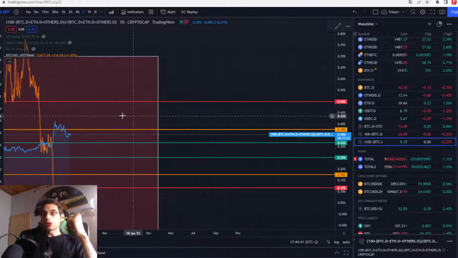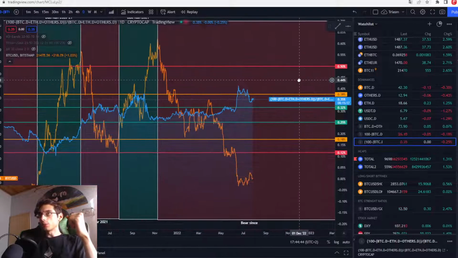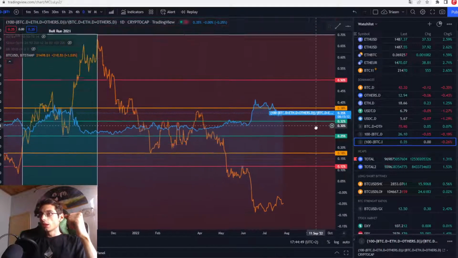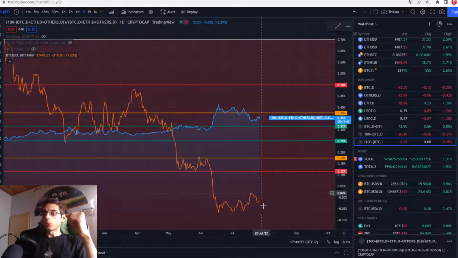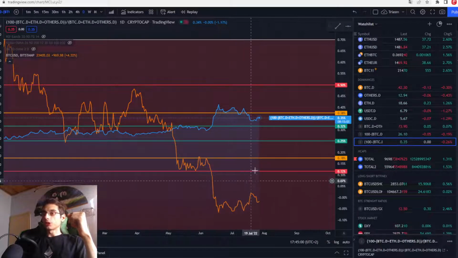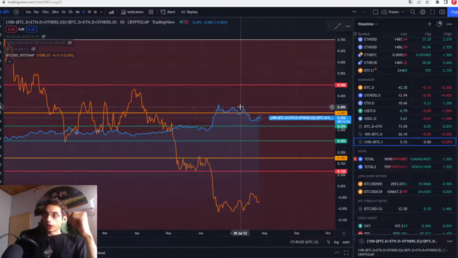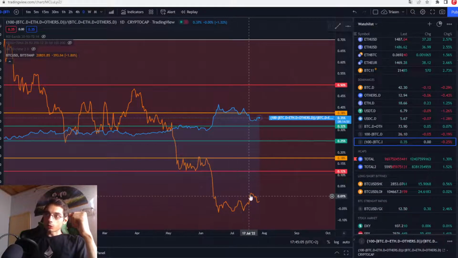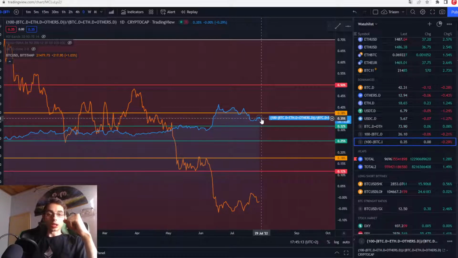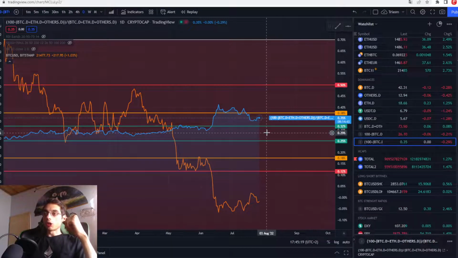As you see, the same goes for this rally we had right here. If you see, this is the price of Bitcoin, as I already said, and this is the ratio. We got down here while the price was getting up, and the same may happen when we start trending higher and we have this major relief rally everyone is waiting for, which we'll probably see in the next few months.